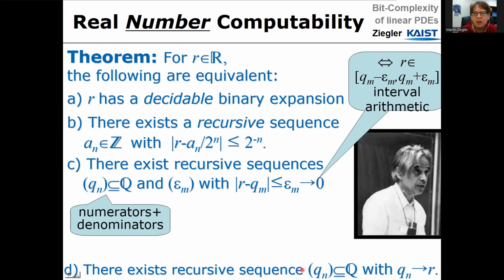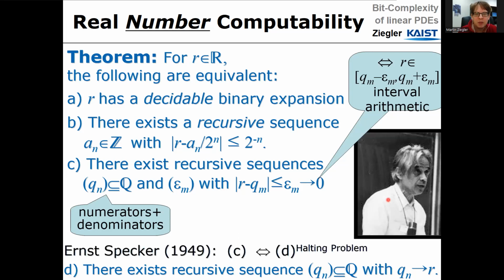And it turns out Specker had formally proved, with a counterexample, the Specker sequence, that the fourth notion is actually strictly and considerably weaker than the first three, which are equivalent. Namely, this corresponds to oracle access to the halting problem, an undecidable problem. So I'm not going to talk about that fourth definition any further.